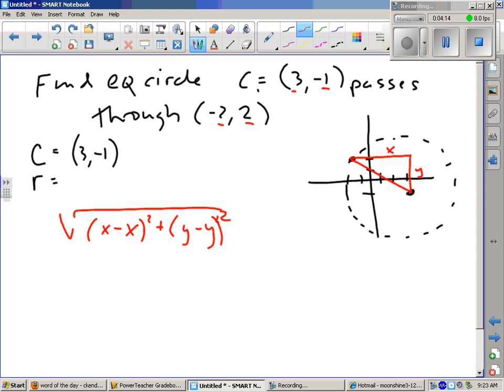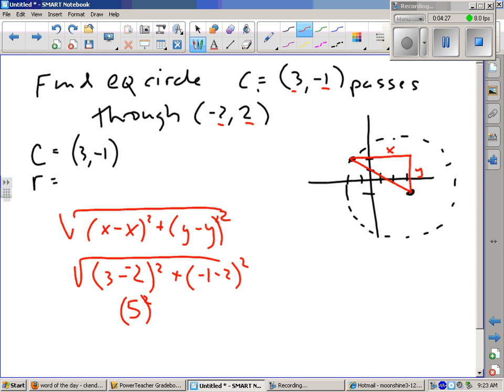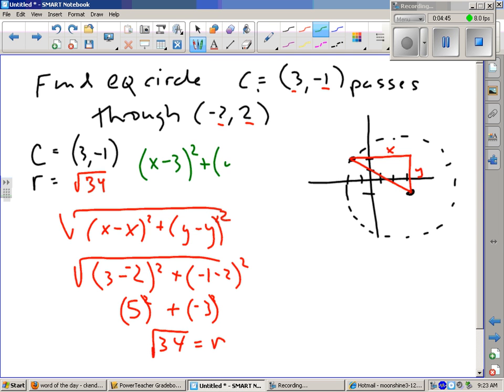I've got x and y here and here, so I have (3 minus negative 2) squared plus (negative 1 minus 2) squared. So that's 5 squared plus negative 3 squared. 25 plus 9 is 34. So the square root of 34 equals r. Okay, so now we have our two pieces. So the equation is (x minus 3) squared plus (y plus 1) squared equals, now this squared is just plain 34.